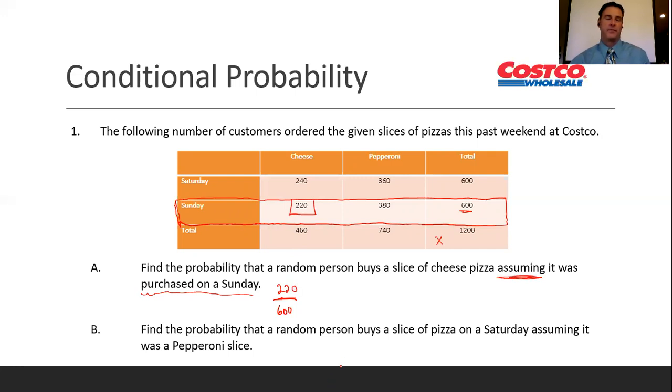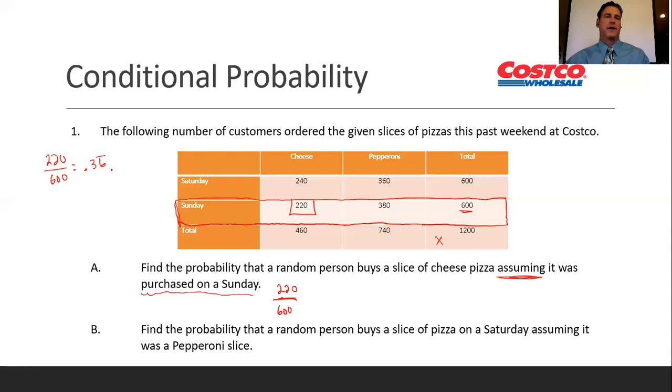And if you like, you can reduce. One quick way to reduce is to take 220 divided by 600 in your calculator. I'll do this real quick. See what I get. 220 divided by 600 is 0.3666 forever.